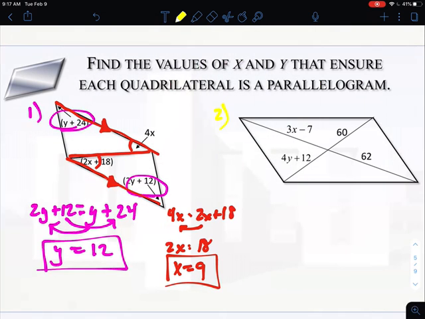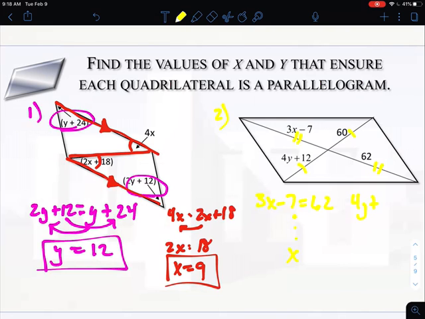Okay, so we might be bringing some stuff from previous chapters back in, and with parallelograms, those alternate interiors show up a lot. Now in our second example, notice now we're talking about the diagonals, and we know that if this is a parallelogram, these diagonals should cut each other in half. And so each of these pieces should be congruent, meaning I can take 3x minus 7 and set it equal to 62.